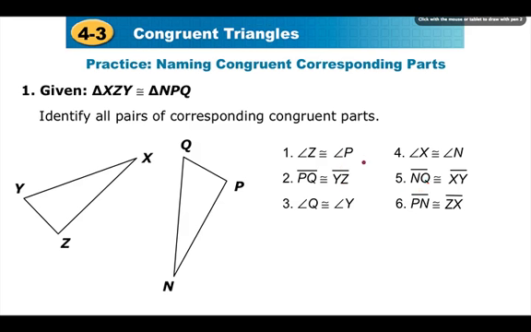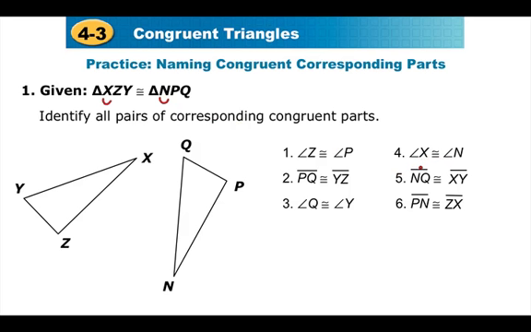This is what you want to do. If you look back to the given information, and I want to see which angle is congruent to angle X, notice that that's the first letter in this triangle. So this angle is going to be congruent to the first letter in this triangle. Angle X is going to have to be congruent to angle N, and notice that's what we came up with.